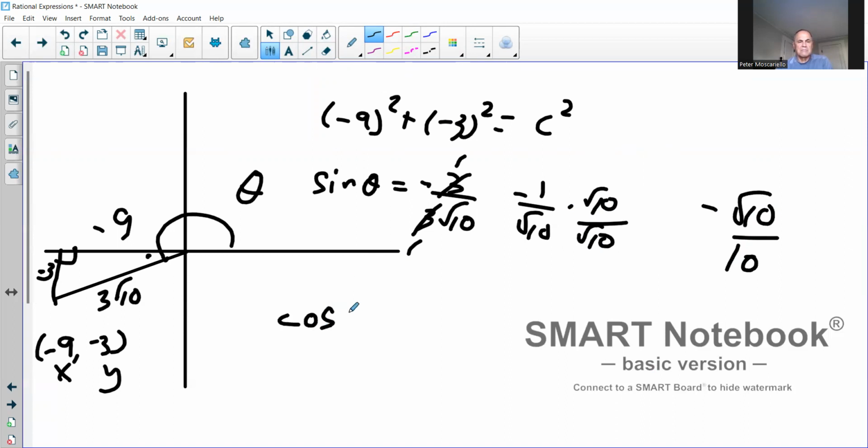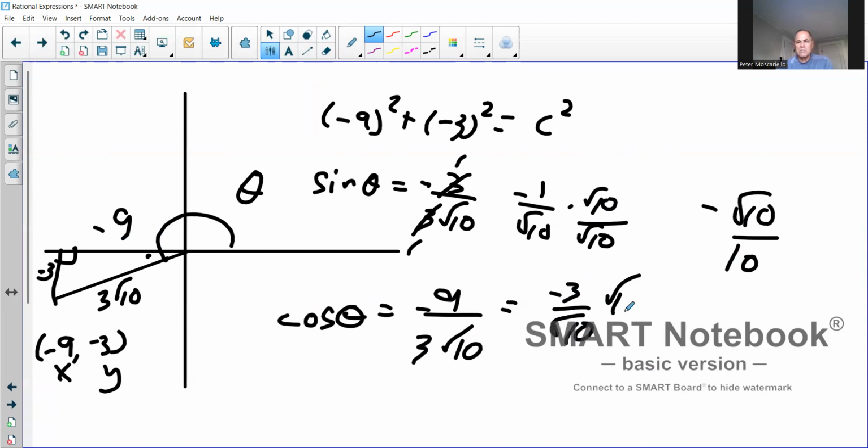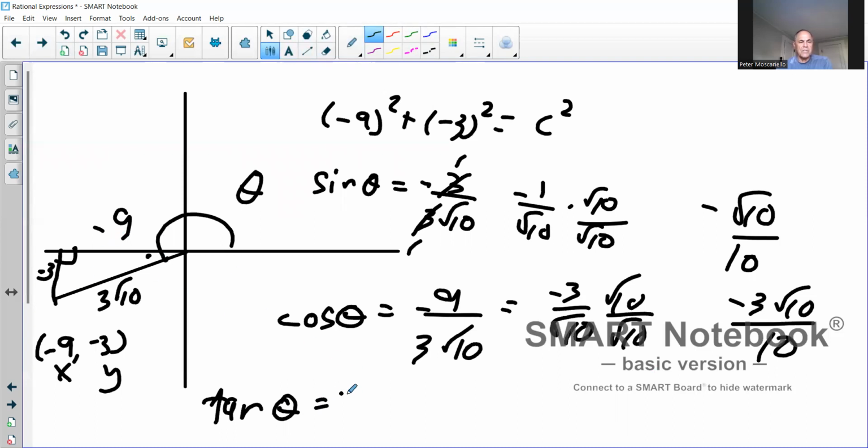Cosine, adjacent, -9 over hypotenuse. 3 and 9 cancel to give me -3 over root 10. Root 10 over root 10, -3 root 10 over 10. And tangent, opposite over adjacent, -3 over -9. That's just 1/3, isn't it? I believe so. All right, so now your reciprocals.